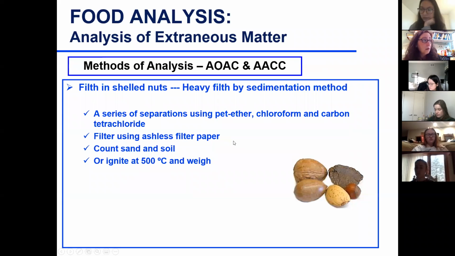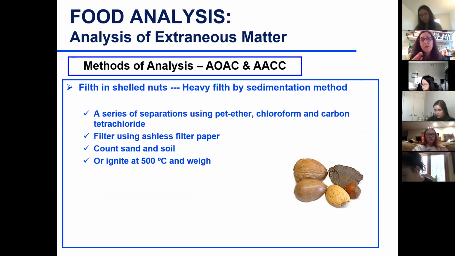Another method here is AOAC and AACC approved: filth in shelled nuts. What you do is you extract with an organic solvent, a combination of petroleum ether, chloroform, and carbon tetrachloride, where the shelled nut will float to the top, and then the heavy filth will sediment.